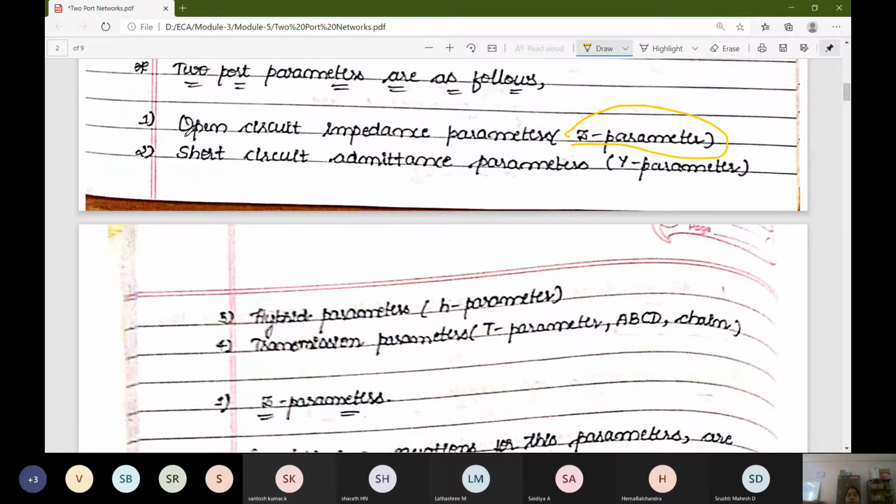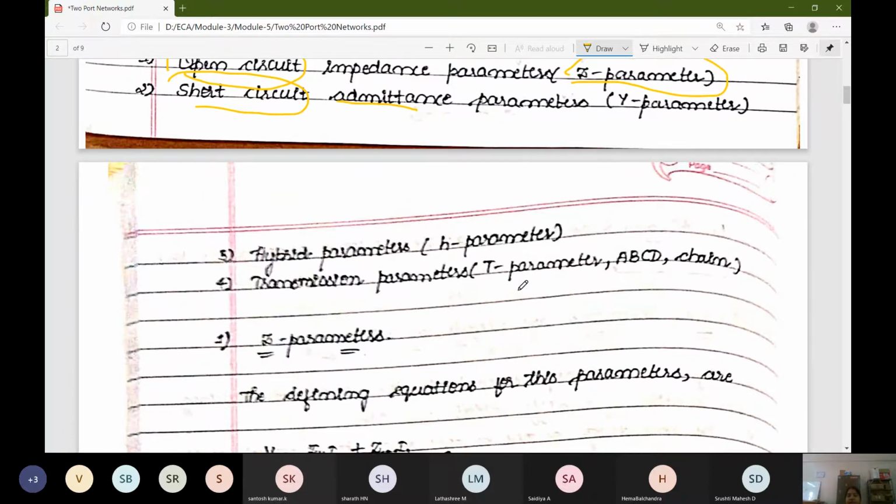The second one is just the opposite of the first, and the other two are a mixture of the first two. The transmission parameters are also called T parameters or ABCD chain.